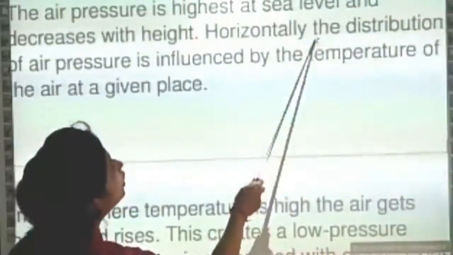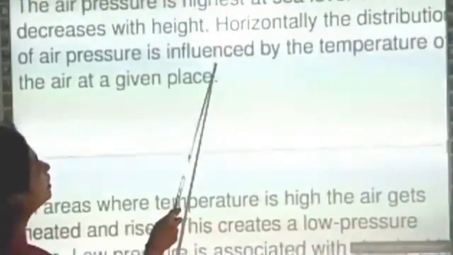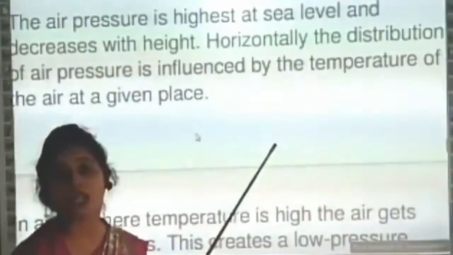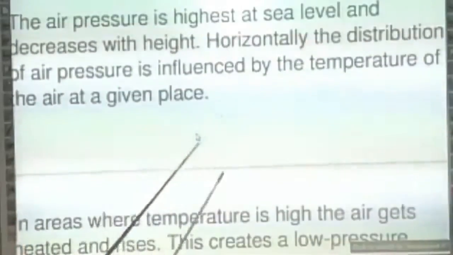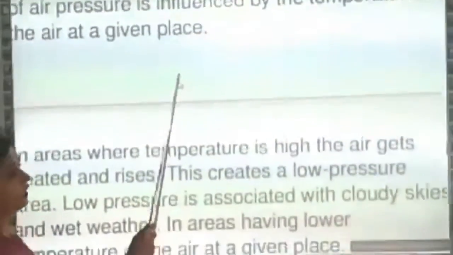Horizontally, the distribution of air pressure is influenced by the temperature of the air at a given place. The temperature of the place also influences the air pressure.